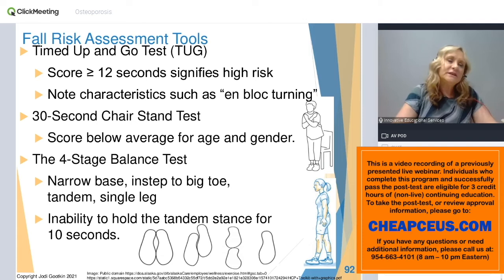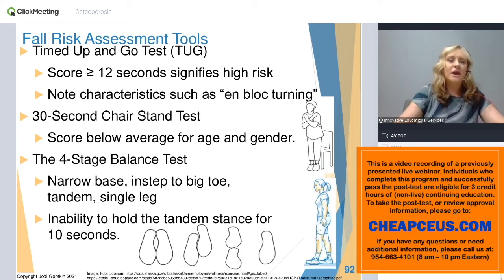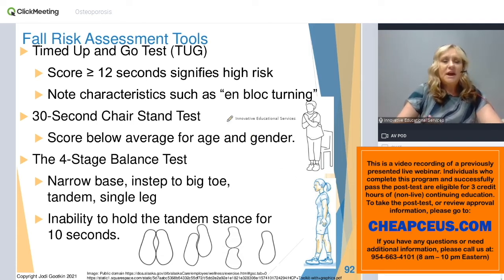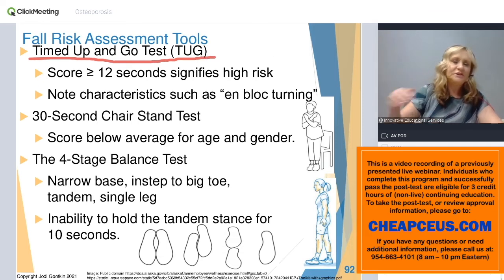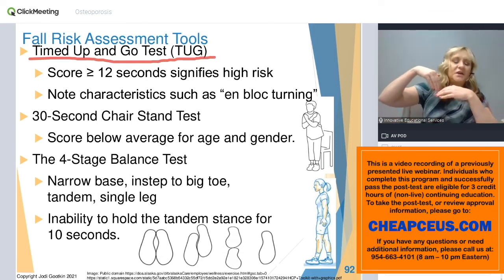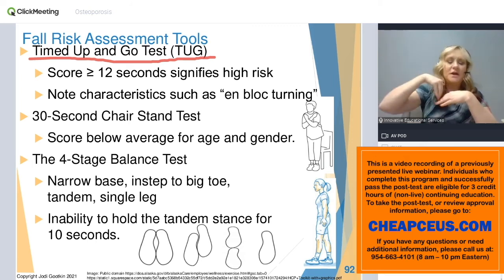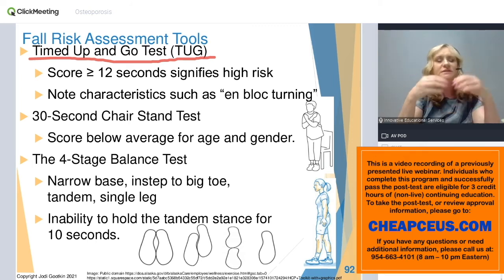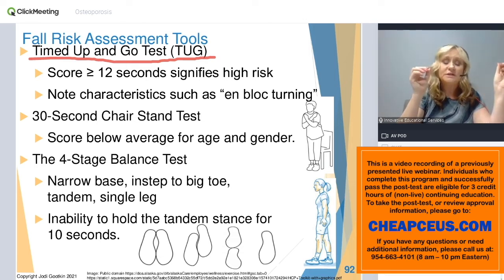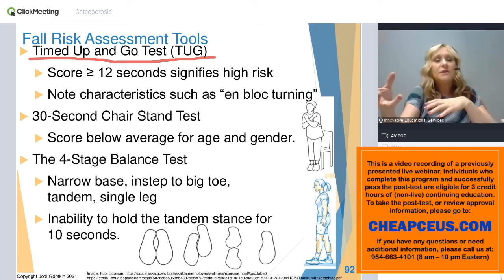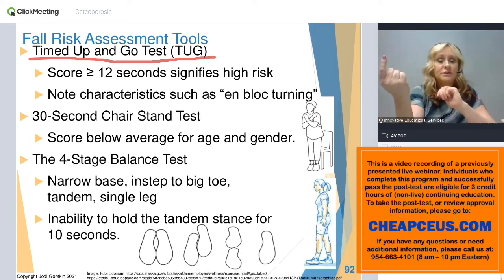Other fall risk assessment tools that we might be looking at, and I tried to couch this from the perspective of envisioning the patient we're talking about who presents with osteoporosis. Our TUG test we use for many different populations where the patient stands, they walk the 3 meters, they turn around, and they come back. We know the test. Looking at it with an eye for a patient who's at fall risk and we're thinking about osteoporosis, we want to look at the quality of their movement and how they are particularly doing that turn.